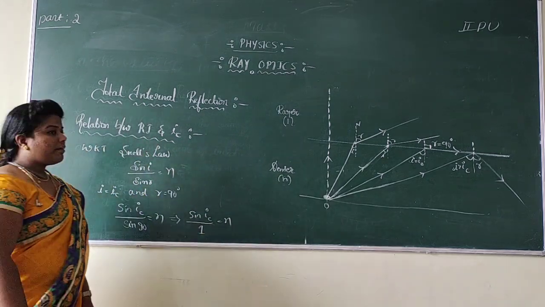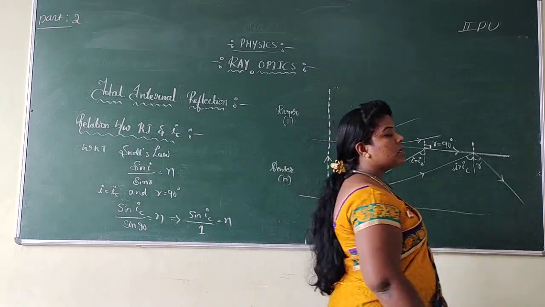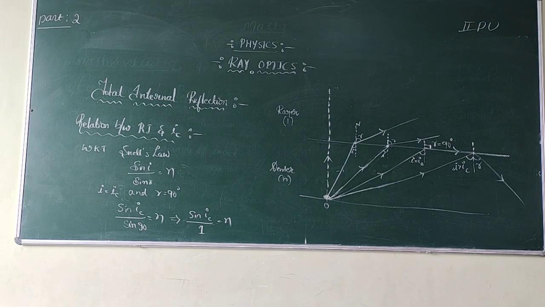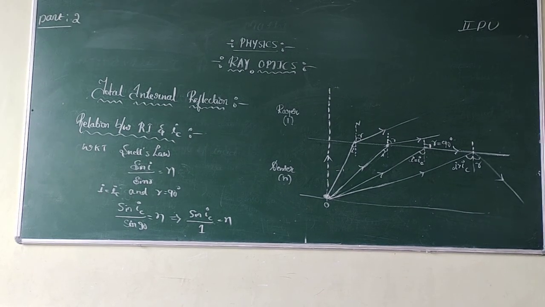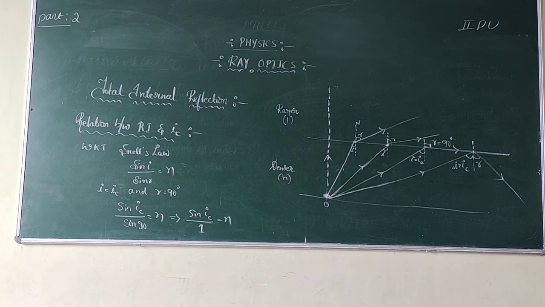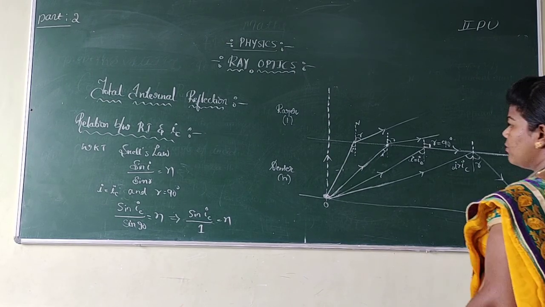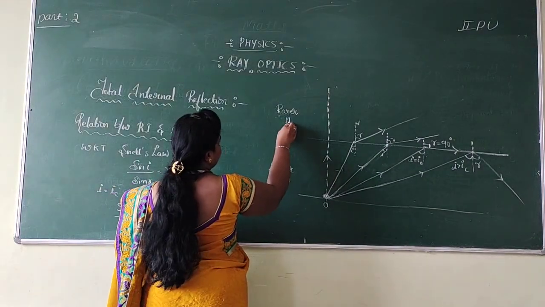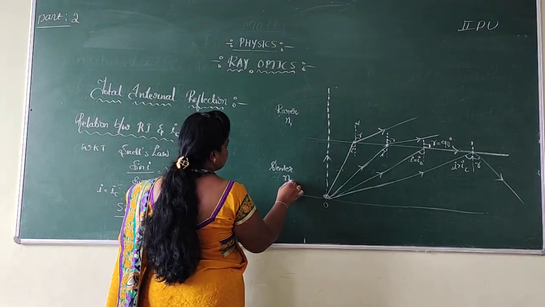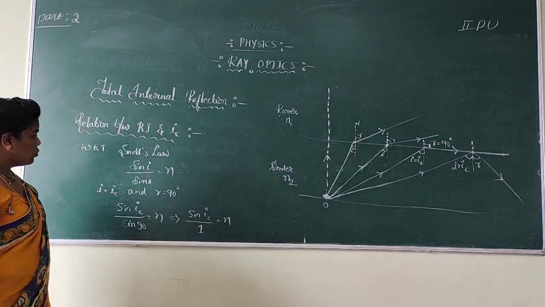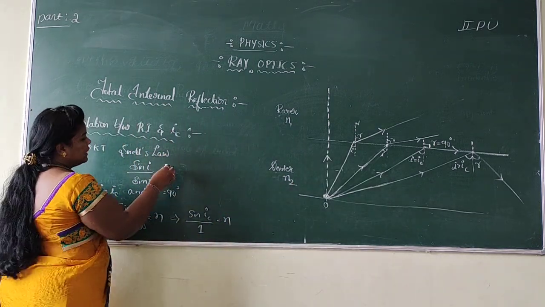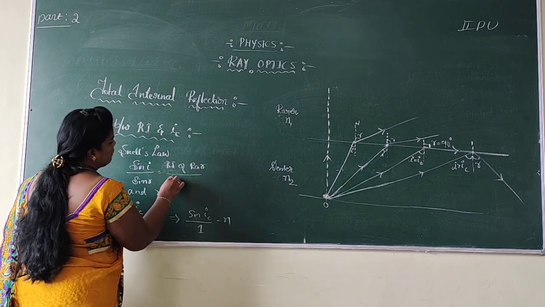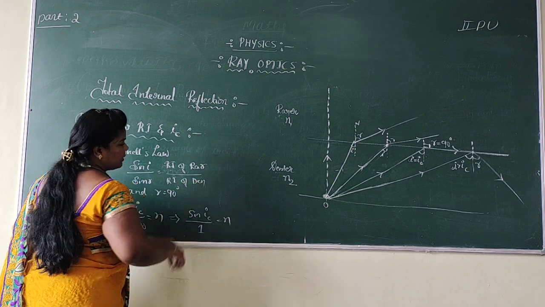So here I should not write it simply as N, because we have two different mediums. Suppose we have the air medium, easily we can write it as 1, and simply N for the denser medium. But suppose this is a medium with refractive index N1 and this is a medium with refractive index N2, then I should write the refractive index of the rarer medium divided by the refractive index of the denser medium.